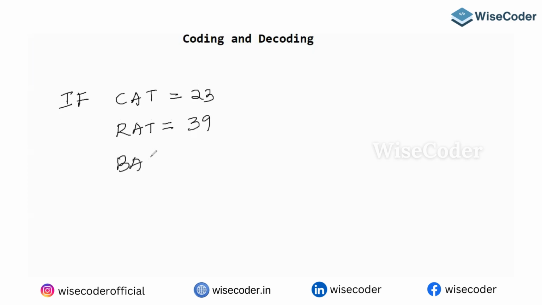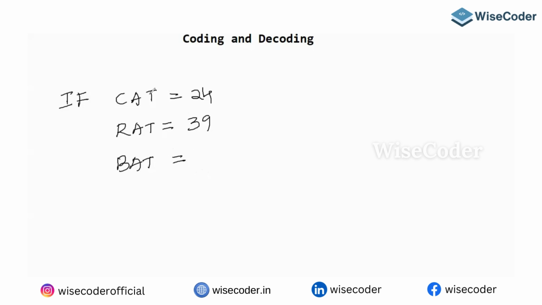Sorry, this is not 23, this is 24. Cat is coded as 24. Please pause the video and try to answer the question.